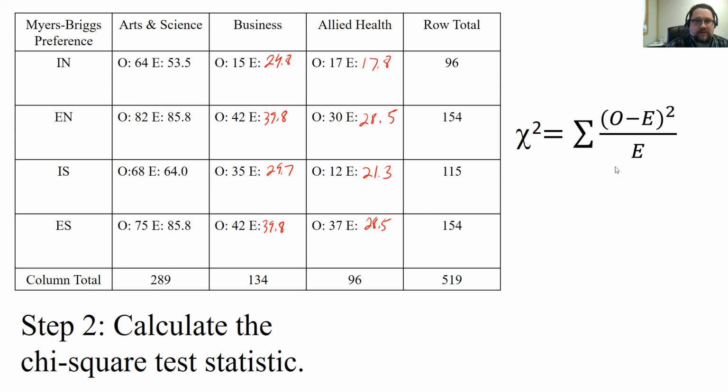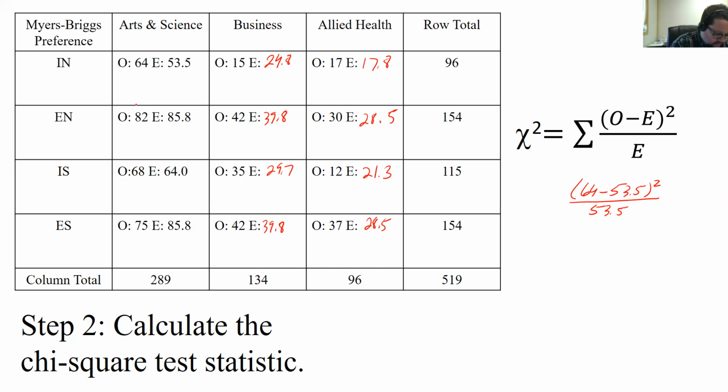So for this first block, I would take my observed 64 minus 53.5, square that, and then divide it by the expected, which is 53.5. I'm just going to write that value in the square under these other two, because we then need to add them all up. So we have to calculate them all first, and then add them all up.